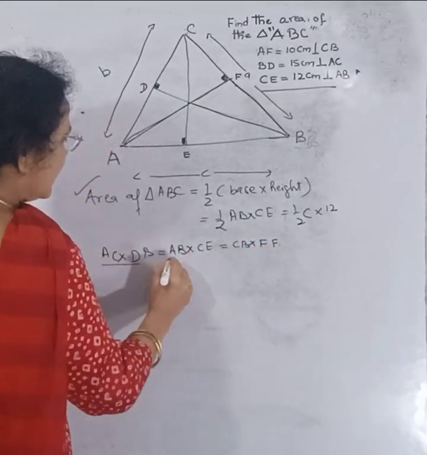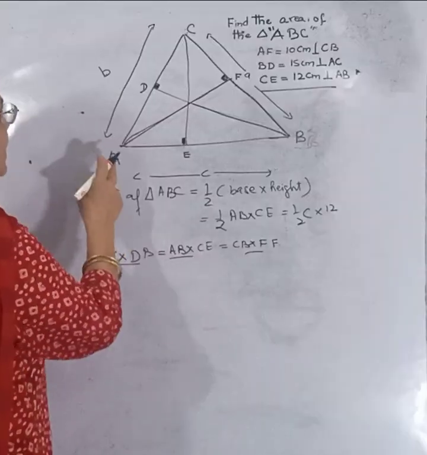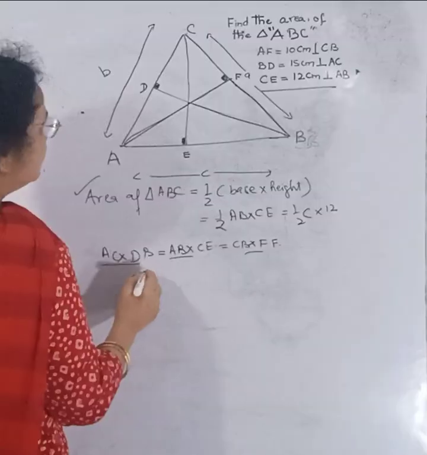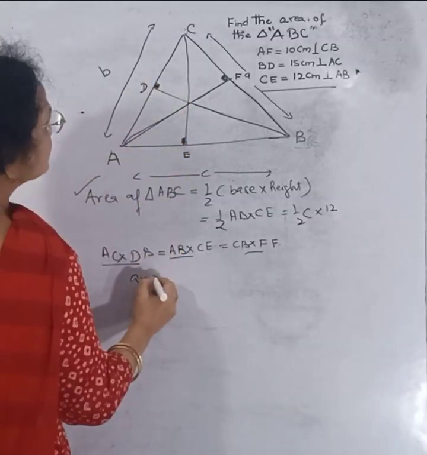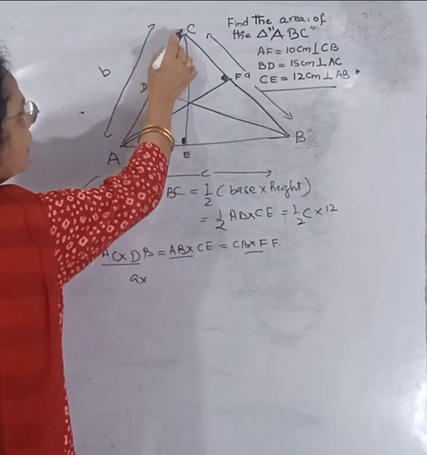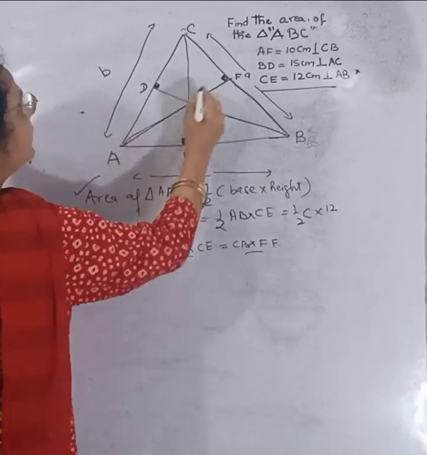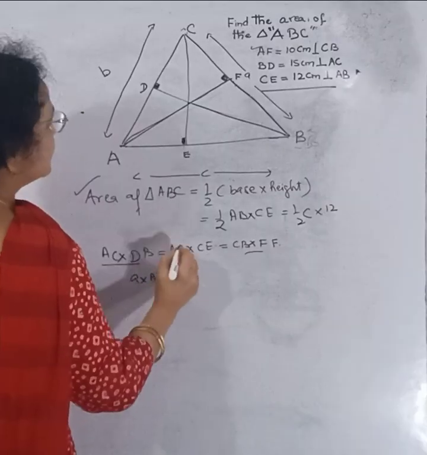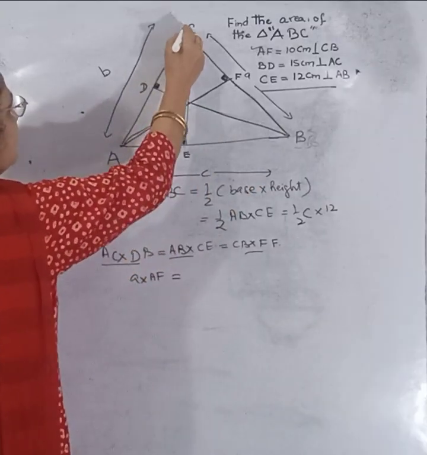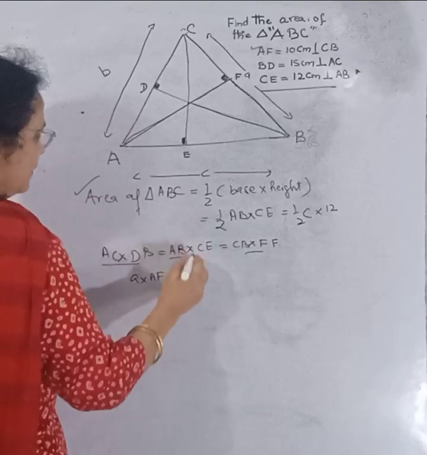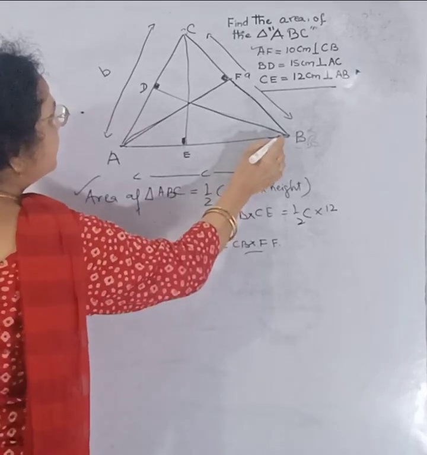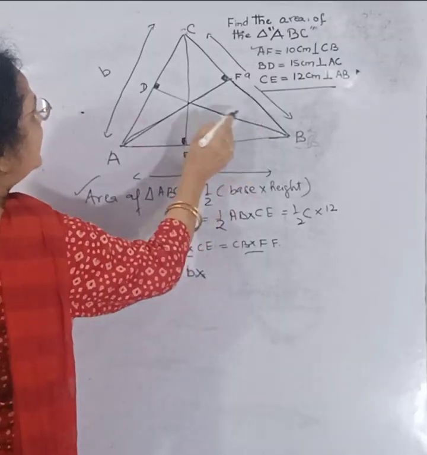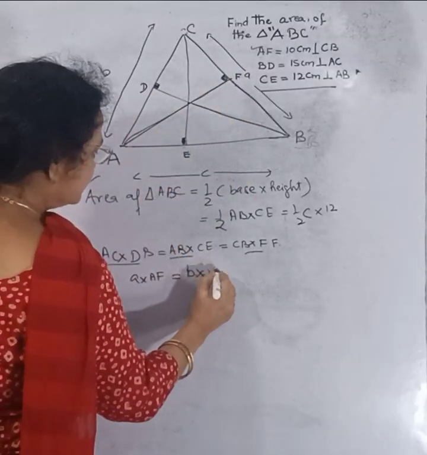It means the area can be obtained: A into AF, AF is equal to 10. A into AF is equal to B into BD, small b. This side is B into BD, and BD is given to us as 15.